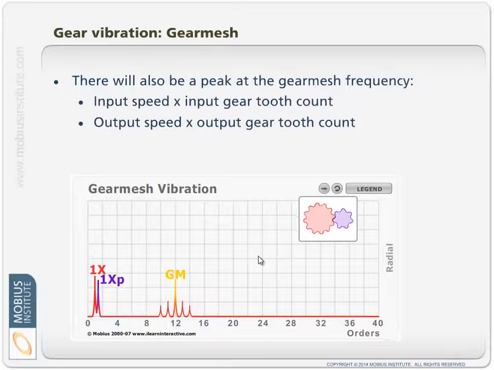Okay, so then we get a peak at the gear mesh frequency. As I've described, that's the input speed times the input gear tooth count, and that's the same as the output speed times the output gear tooth count. And with a more complicated gearbox, we may have multiple gear mesh frequencies.